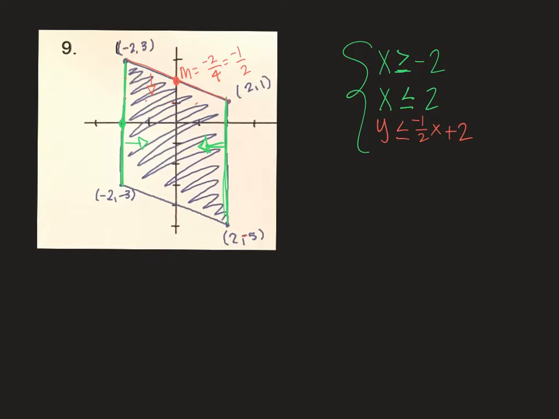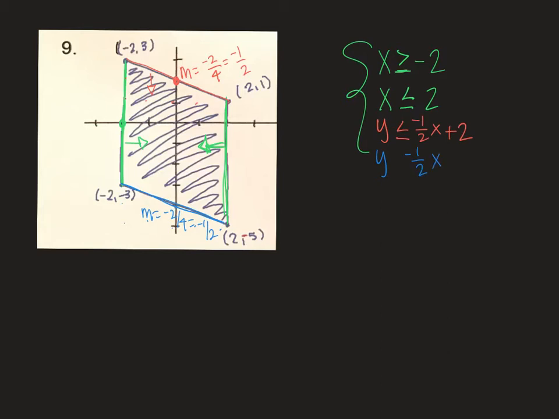And then our last line here, to get from negative 2, negative 3 to 2, negative 5, we're going to go down 1, 2 over 1, 2, 3, 4, which simplifies down to negative 1/2. So we have a slope of negative 1/2 x.